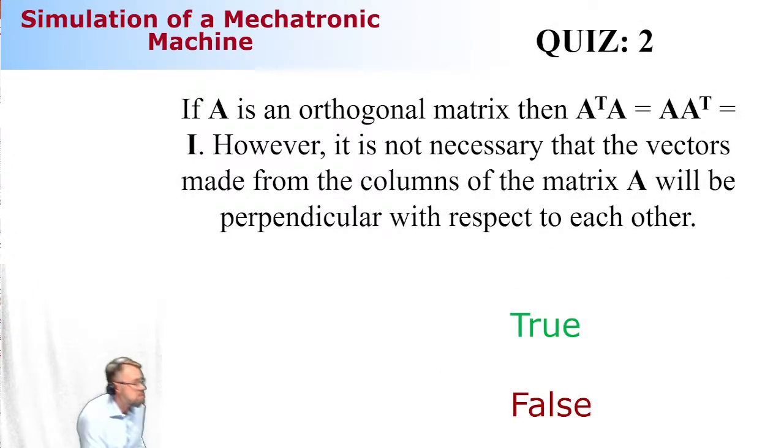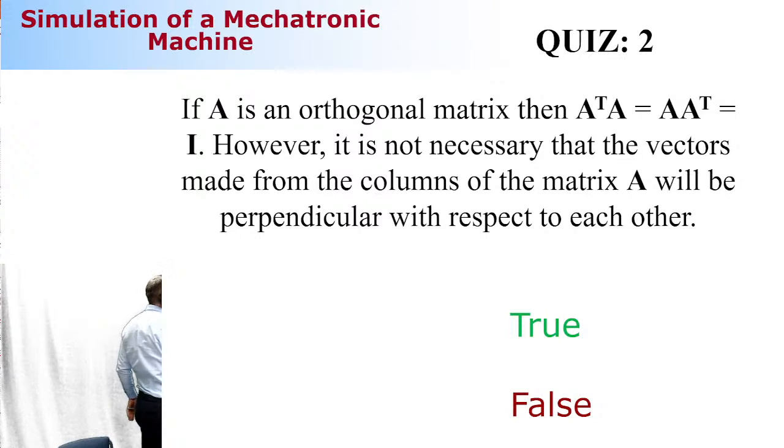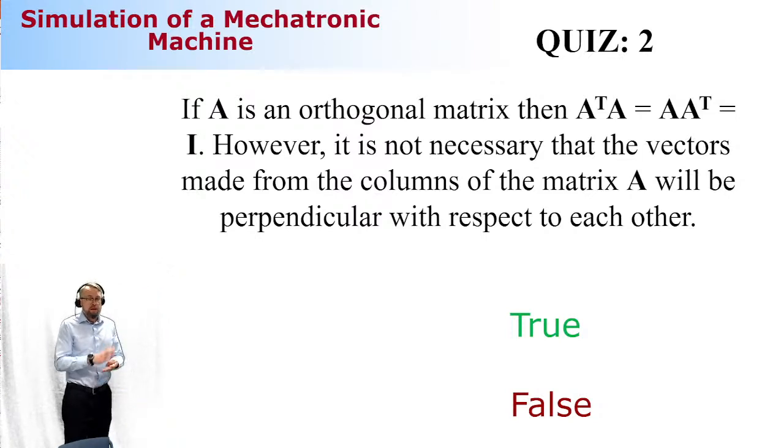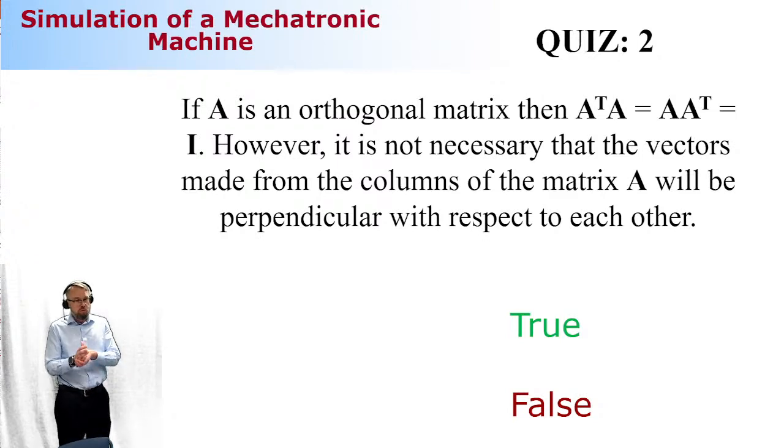Okay, this is a typical question you can find in a midterm exam. The question is: if a rotation matrix is an orthogonal matrix, then its transpose multiplied by the original matrix equals the matrix multiplied by its transpose, which is the identity matrix.